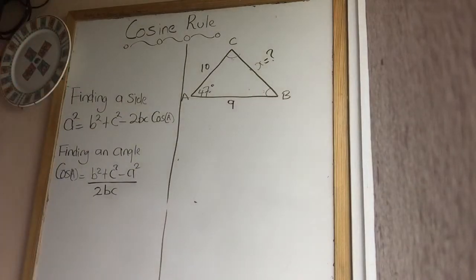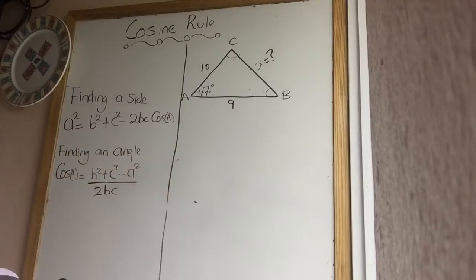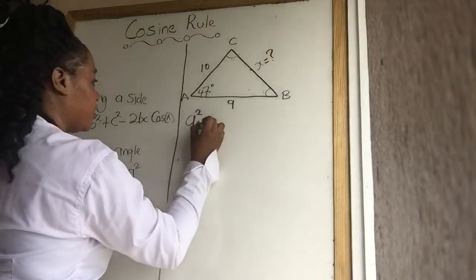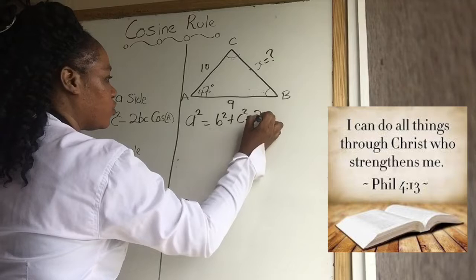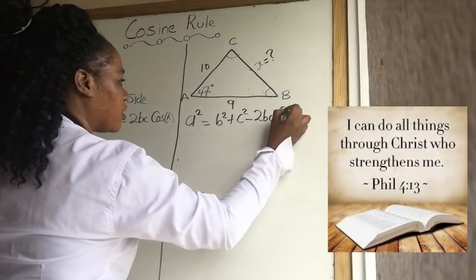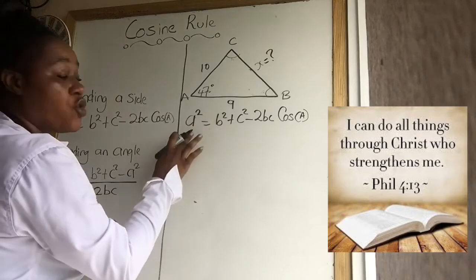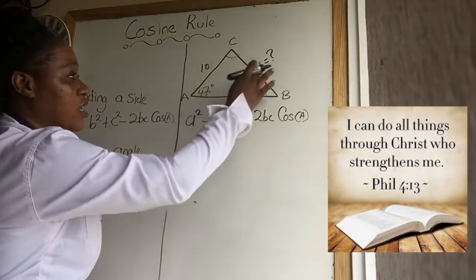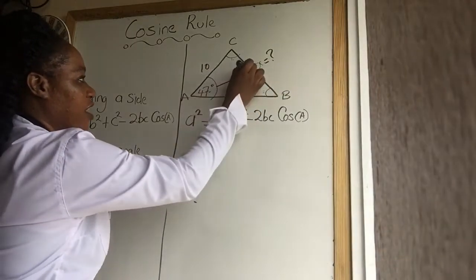Now I have a triangle up there and we're trying to find what x is. In order to find x, we write our formula and then substitute what is given. a squared is equal to b squared plus c squared minus 2bc cos A. Our a squared, which is our side, would be x, because this is our angle and our side is over here.